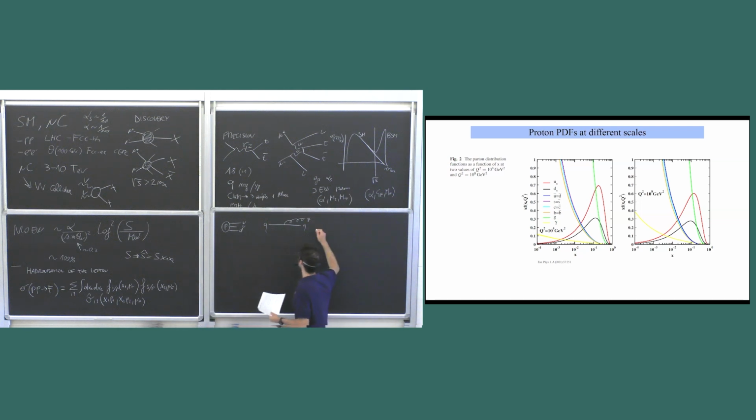It is very much enhanced when the gluon and the quark are collinear, or the gluon is soft.